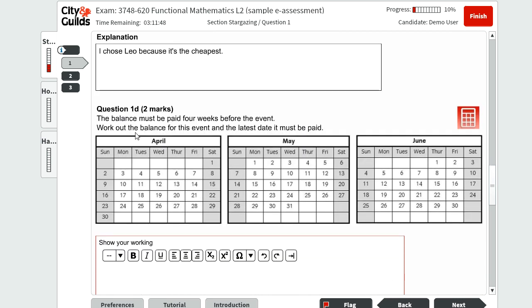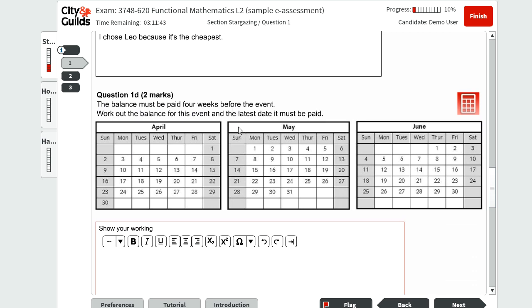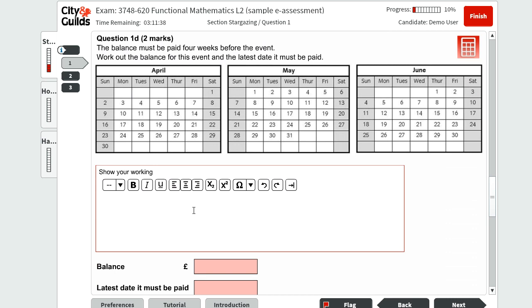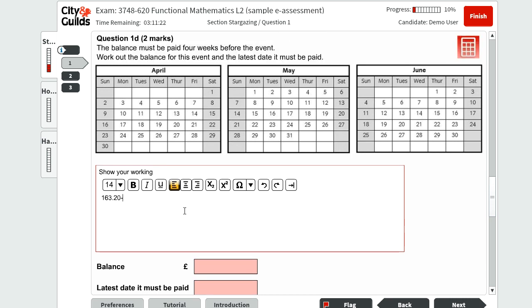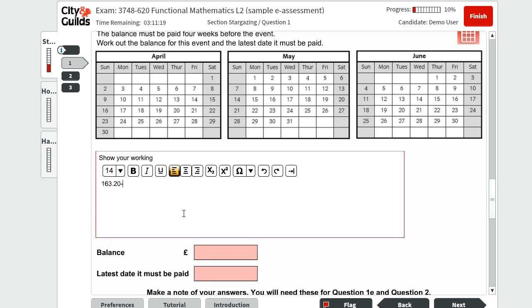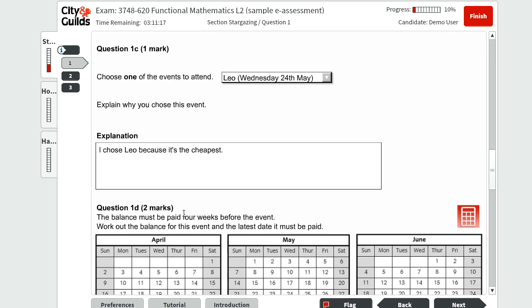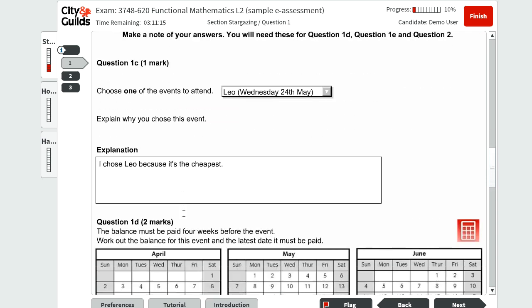Question 1D is 2 marks. It is asking: the balance must be paid 4 weeks before the event. Work out the balance for this event and the latest date it must be paid. The balance: we have 163.20 from the first question. We'll be looking at Leo this time because this is the one we picked, minus the deposit, which is 20.40.